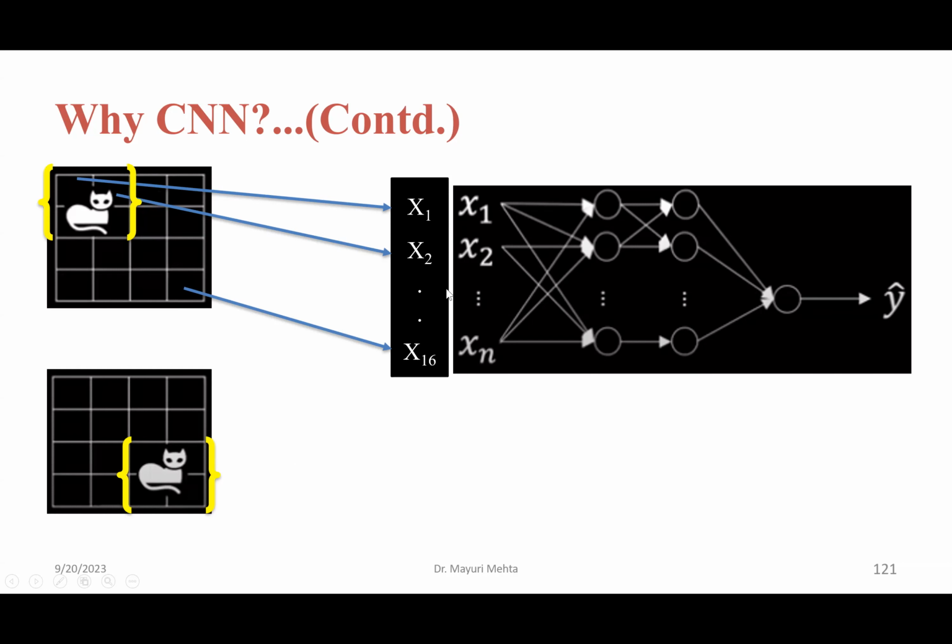When you feed this kind of images to a traditional neural network, it learns the position. So it has learned that the cat should be located in this part of the image, it cannot be in other parts, so it may misclassify this image. So this is another problem with our traditional neural network, because we feed all pixels together, and it learns position also along with other things.